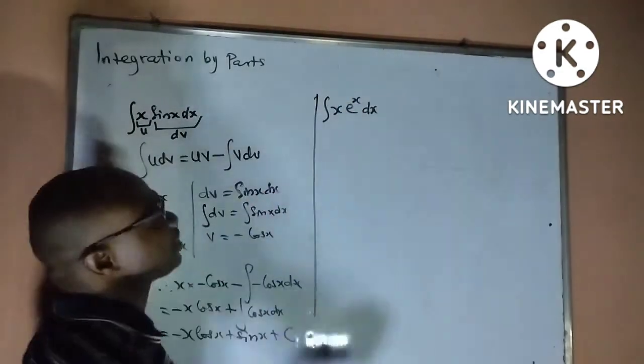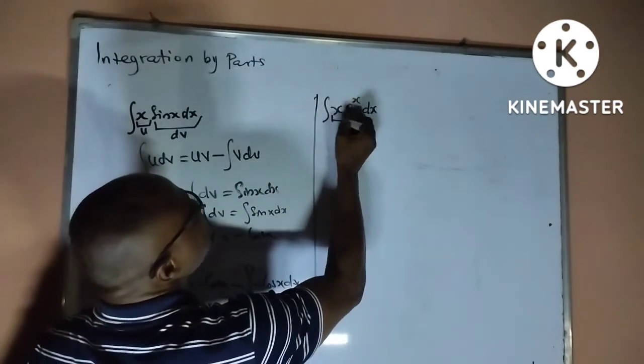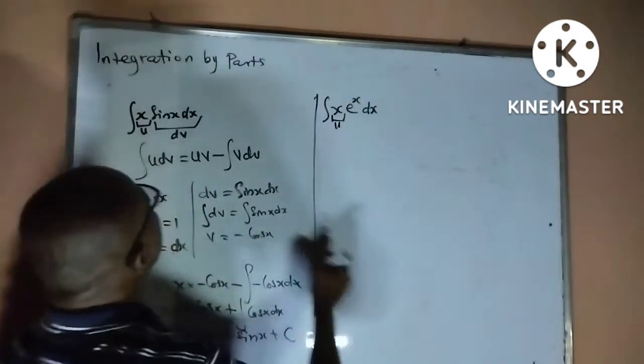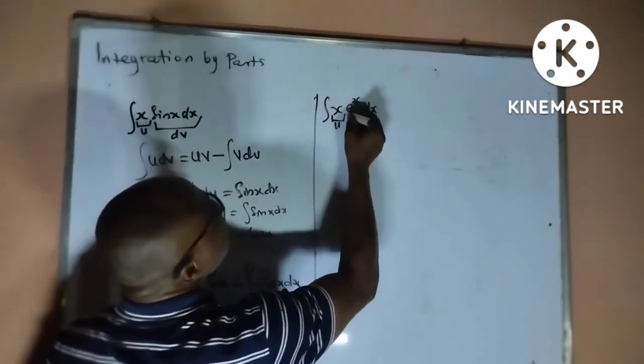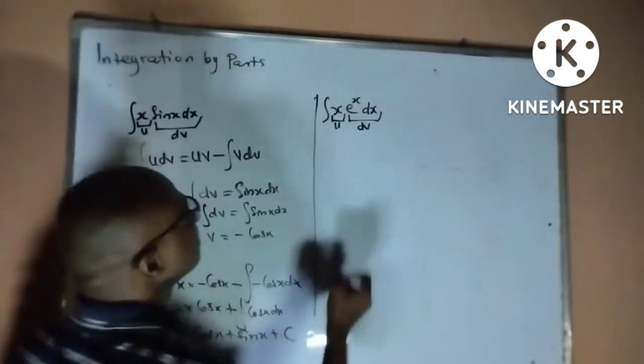Now let's come to question number 2. Like I did here, let my u be x, and let my dv be the exponential function raised to power x dx. So this is my dv.